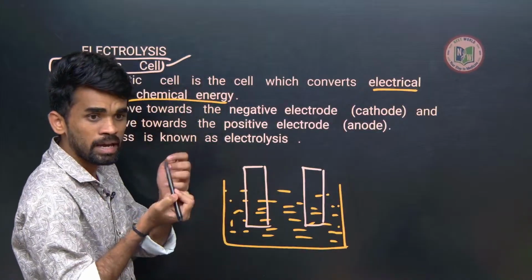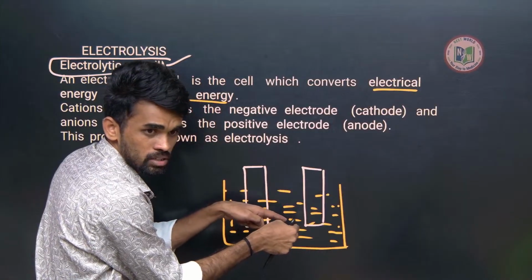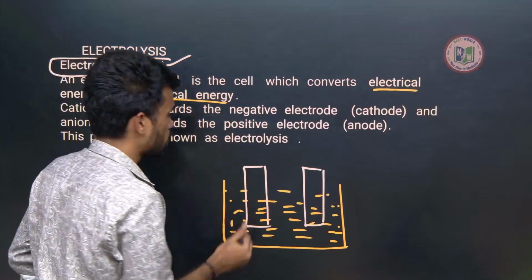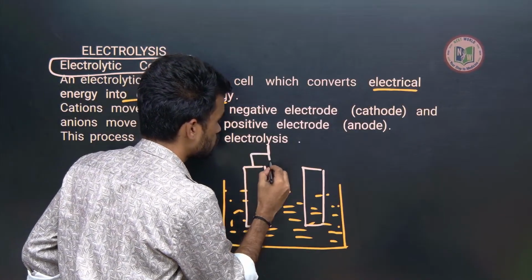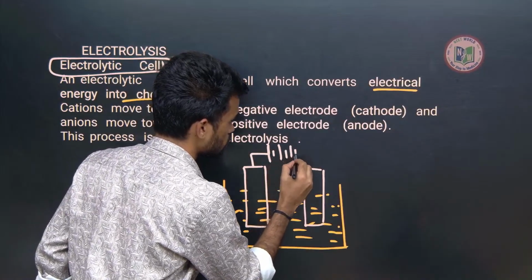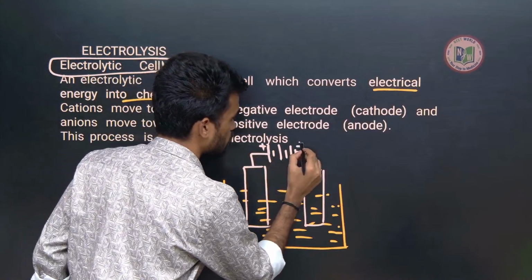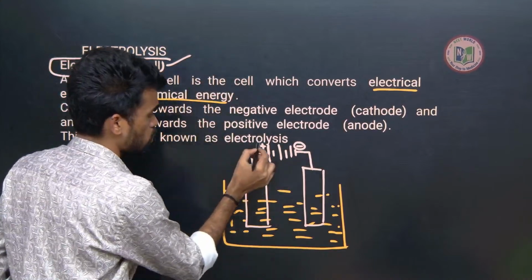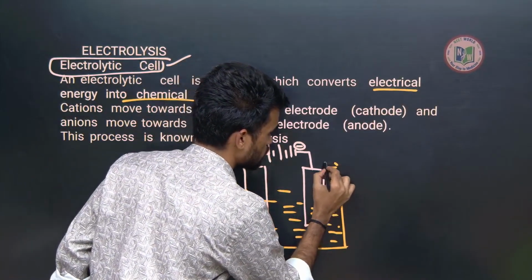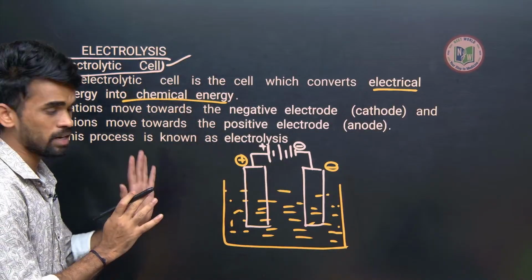We need to supply electricity to this electrolyte so that we can bring some chemical change in the electrolytic solution. So I am connecting these to the battery, with the positive terminal and the negative terminal. The positive terminal is connected to the positive electrode, and the negative terminal to the negative electrode. This is a rough diagram you can take for an electrolytic cell.